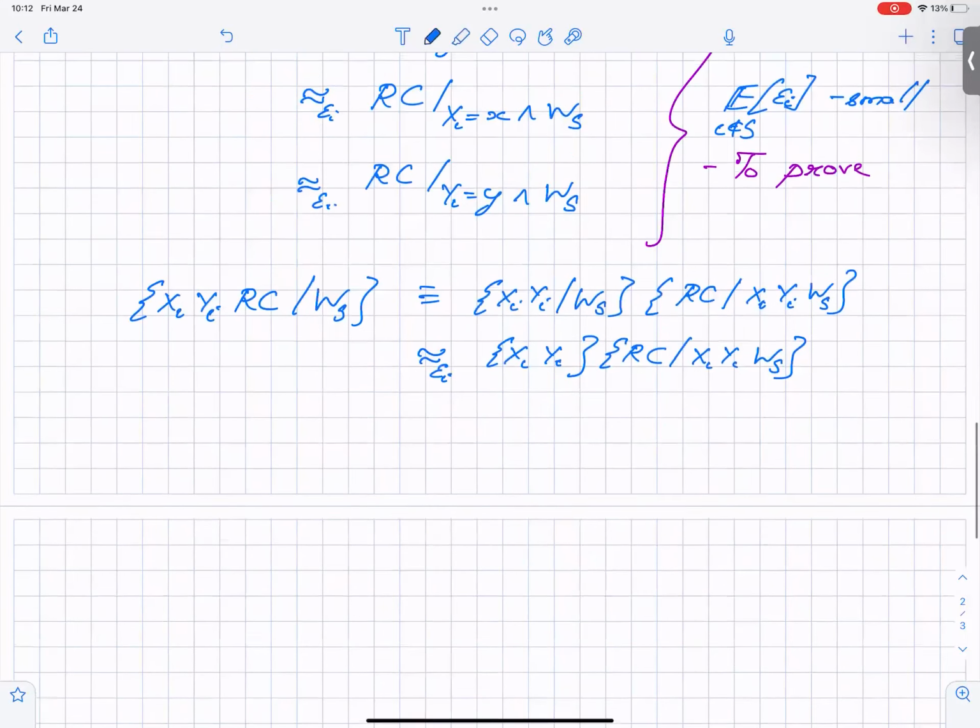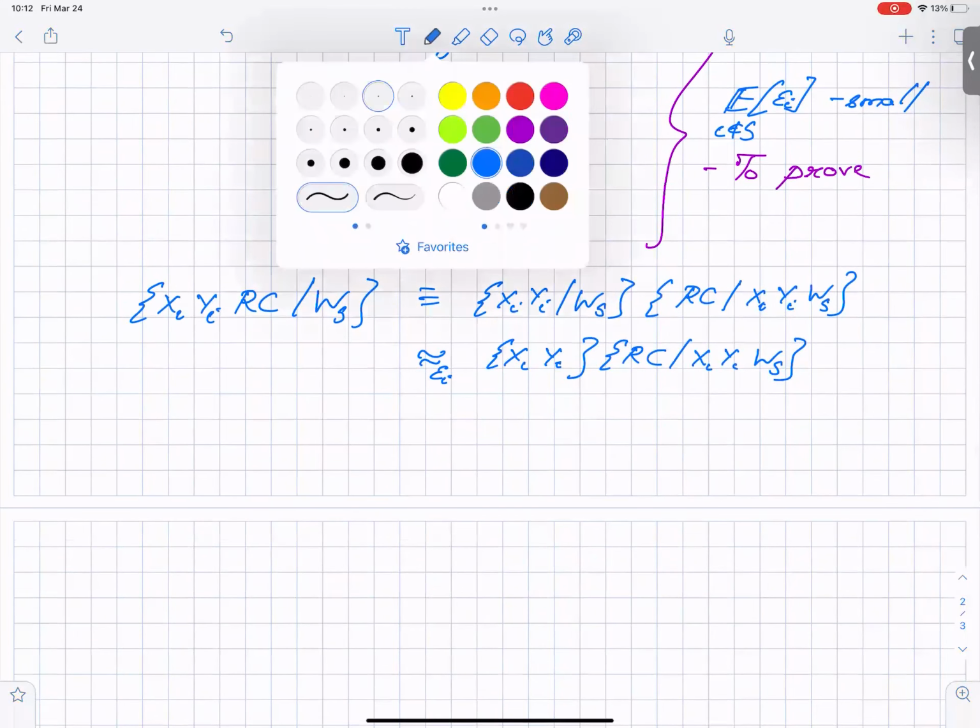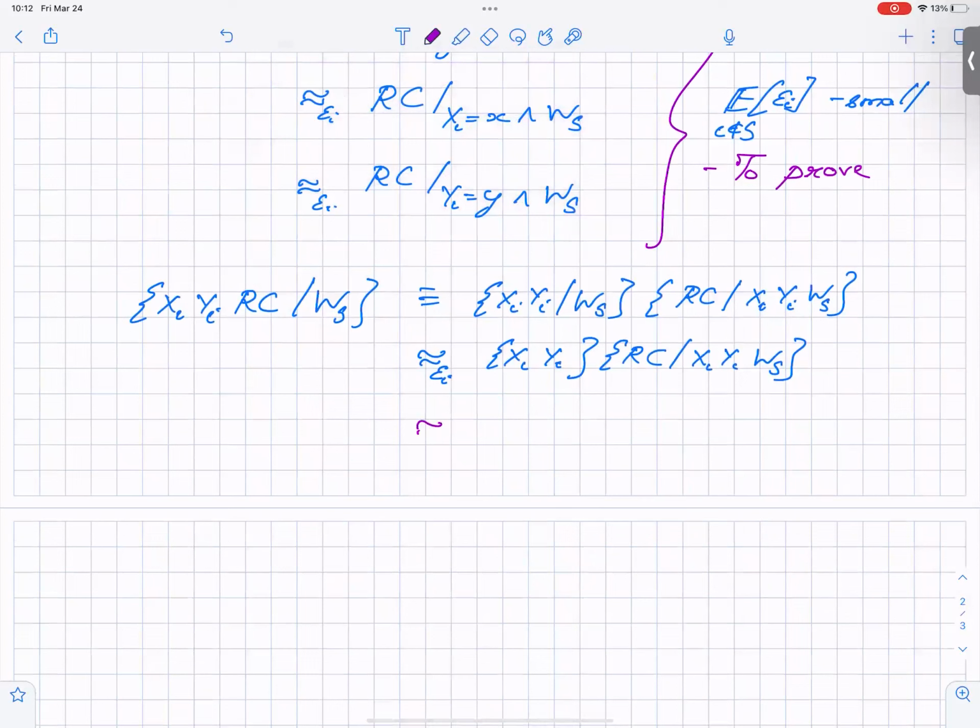What we want to prove is that this quantity is close, let's say within some delta i, to xi, yi, RC, just xi and ws. This will tell you that Alice is able to generate RC herself, and you'll have to say a similar thing for Bob.